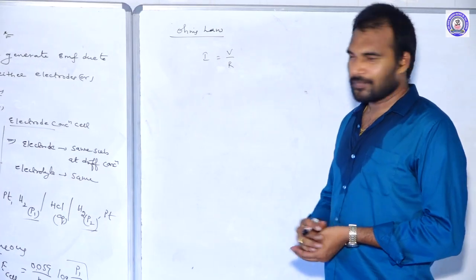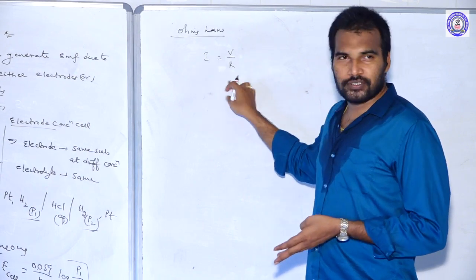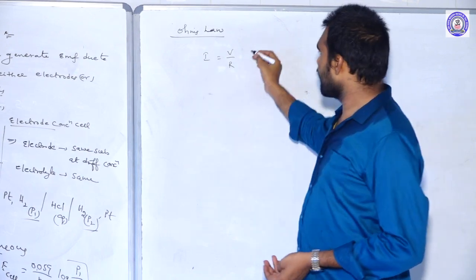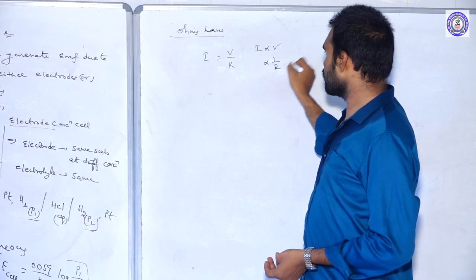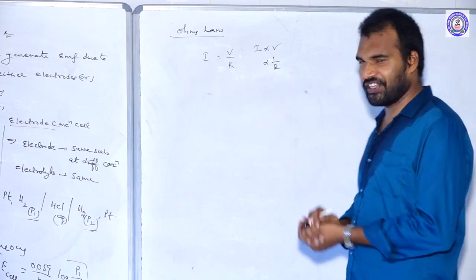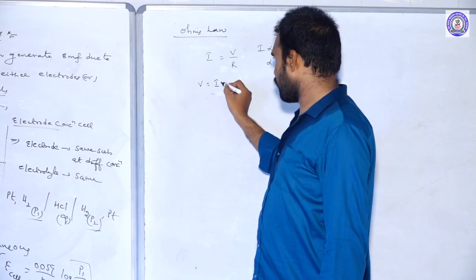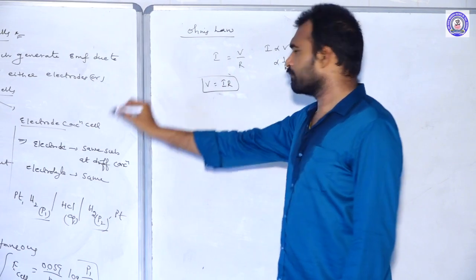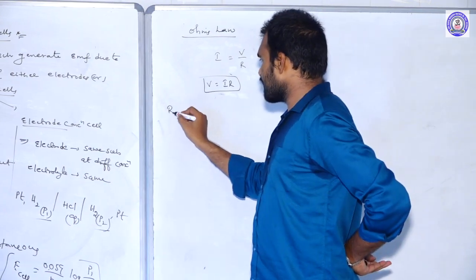Current is directly proportional to potential difference and inversely proportional to resistance. From Ohm's law, I = V/R, so we can write V = IR. Next one, resistance.